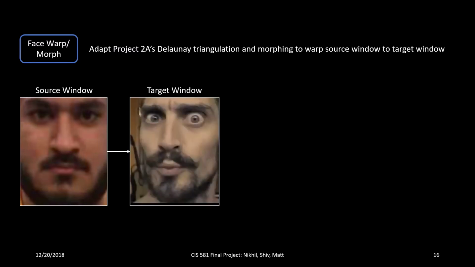So for this, we adapted what we'd written for Project 2A to actually perform the warping. This is done on just the window around the faces that contains both faces. This way we reduce runtime. So we take a look at both the source and the target window.